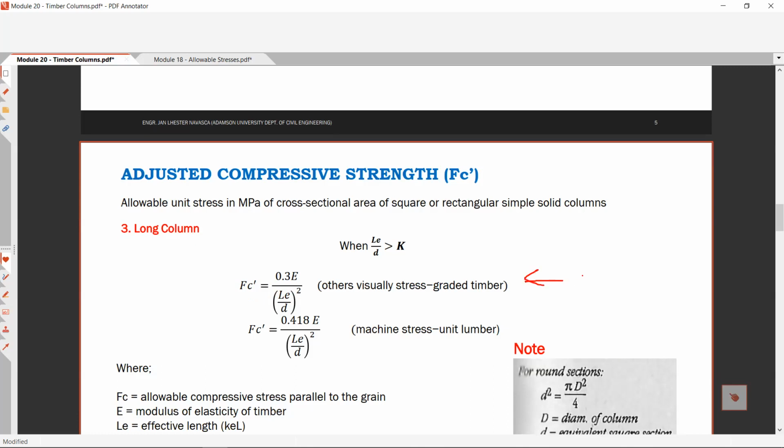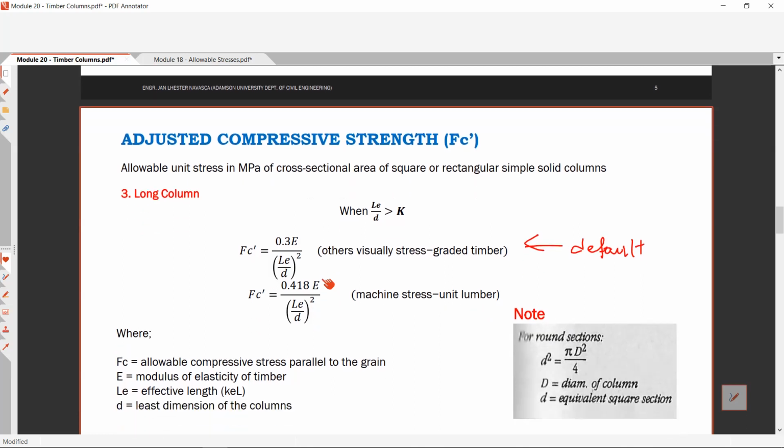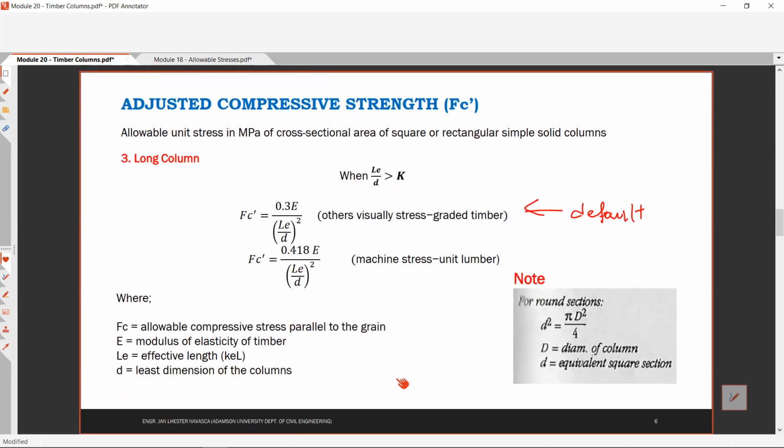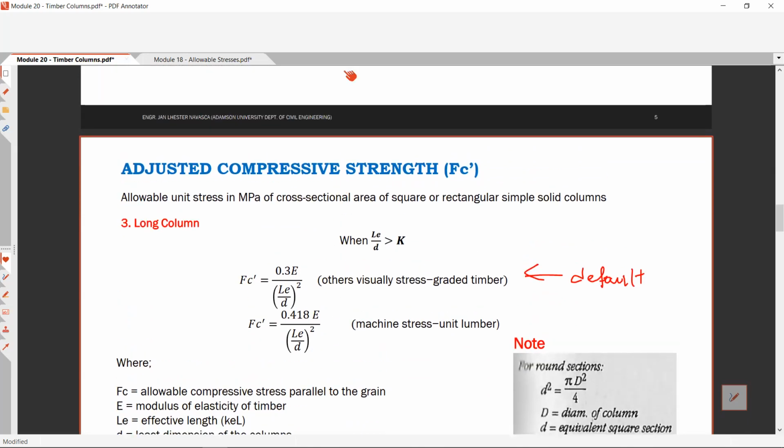For visually stress graded timber, the formula is 0.3 E over LE over D squared. And if your timber is machine stress rated lumber, that is 0.418 times modulus of elasticity E divided by LE over D squared. Okay? So this one is just the notation.